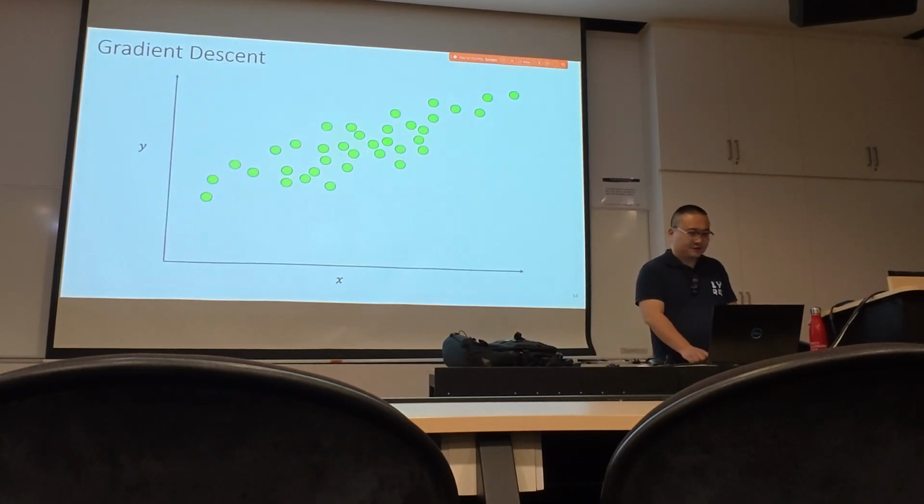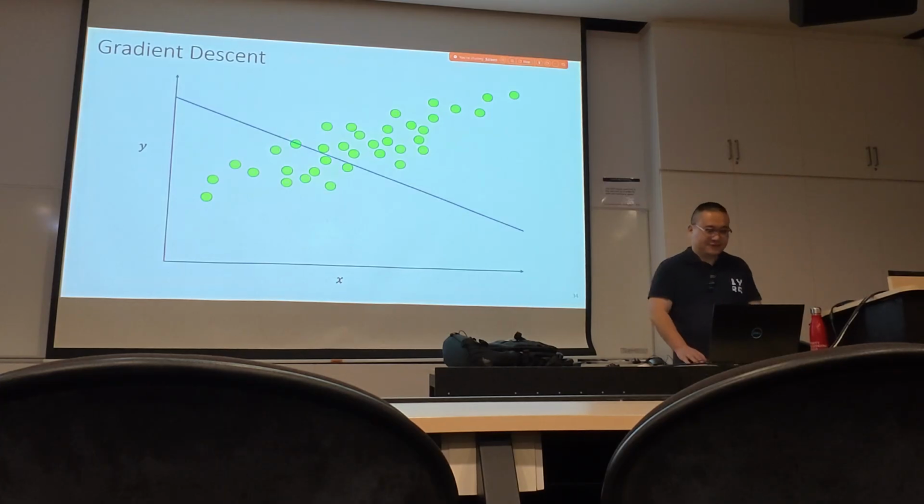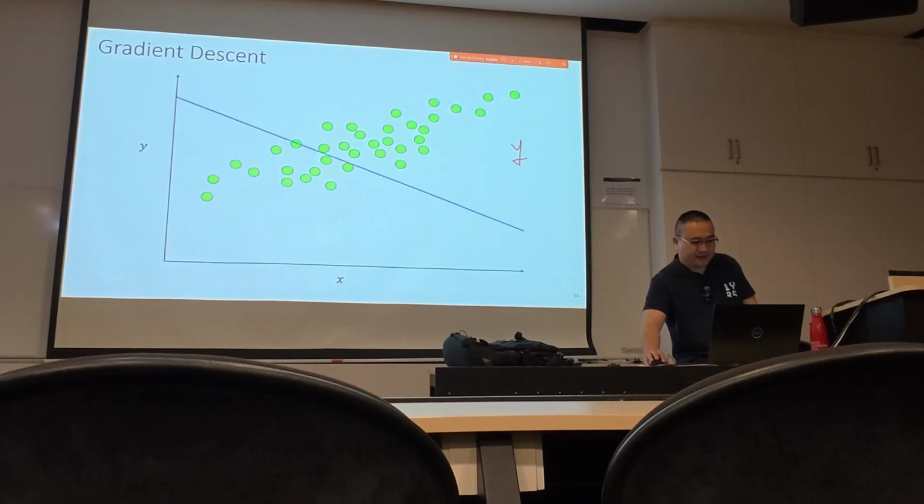Here is an illustration of how we fine-tune a line on the data. For example, this is a house price prediction. At the beginning, we just generate a random line. The line can be like y = mx + b, where m and b are the parameters we want to modify. m is the slope, and b is the bias.